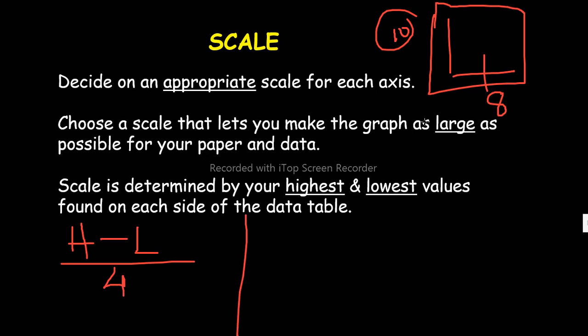If you want your graph to cover 5 here, you simply get the highest minus the lowest, divide by the number of boxes, which is probably 5. If you want your graph to be big enough, then you divide by the entire 8 and you divide by 10.